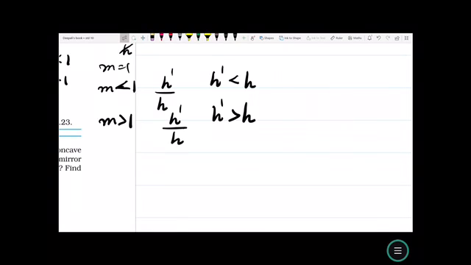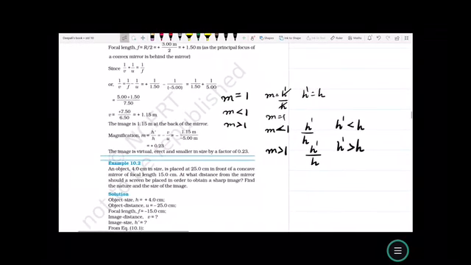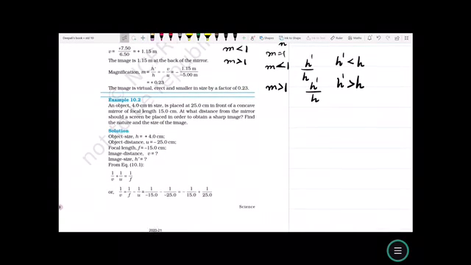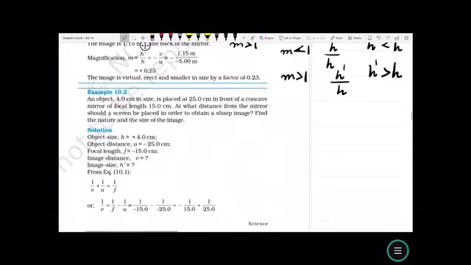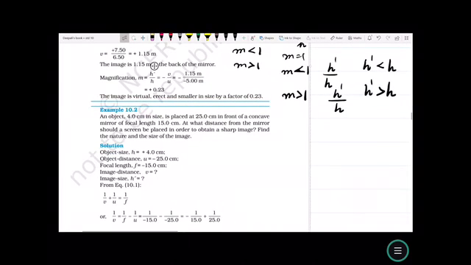So, we can say that from the comparison with 1, we can know the size of the object, that is the size of the image can be known from the magnitude of M, and the positive and negative sign of M denotes whether it is a real or a virtual image. So, from magnification we can get the characteristics of any image.